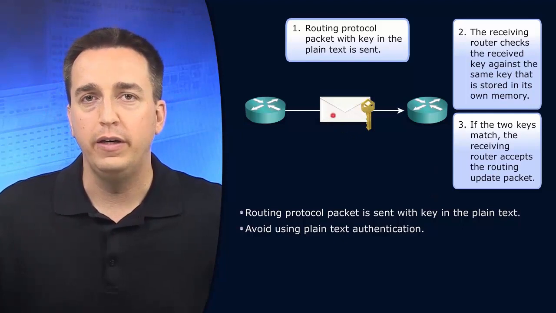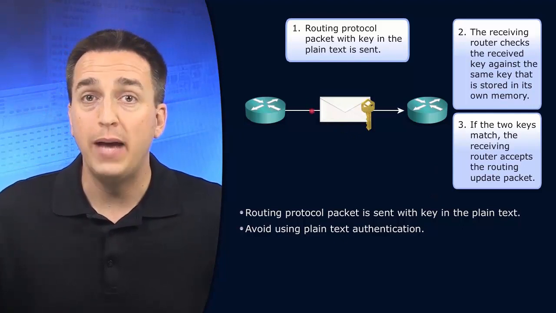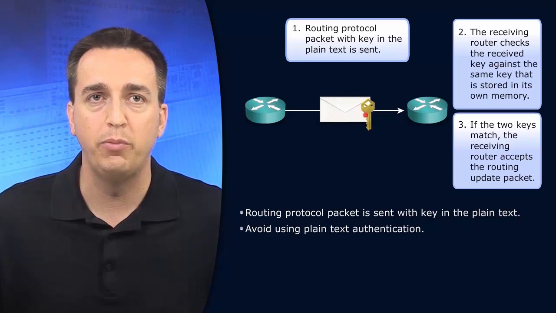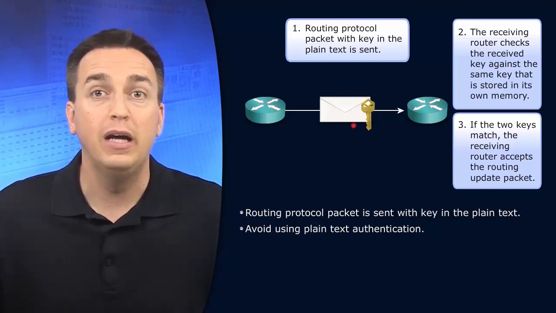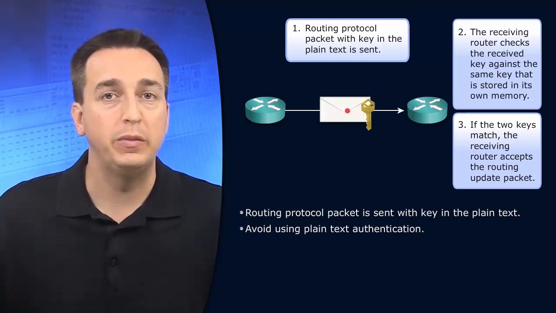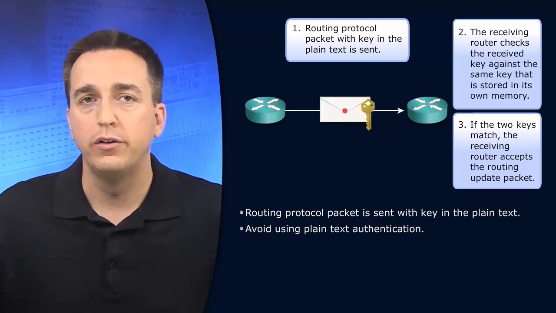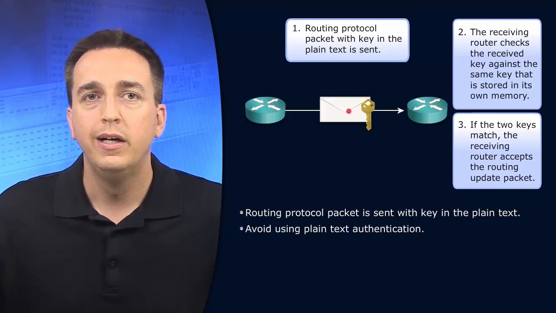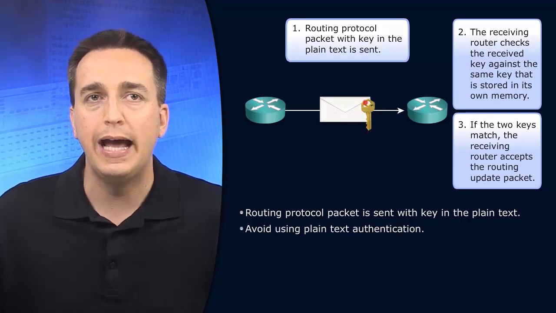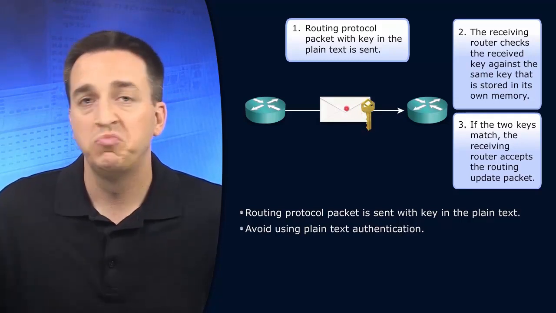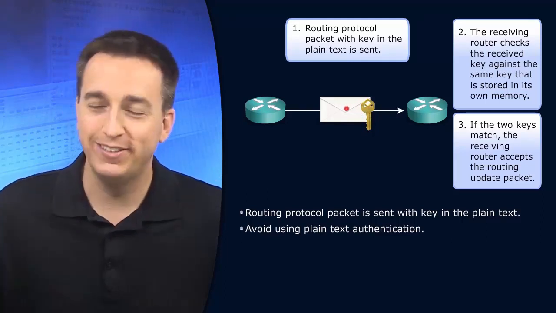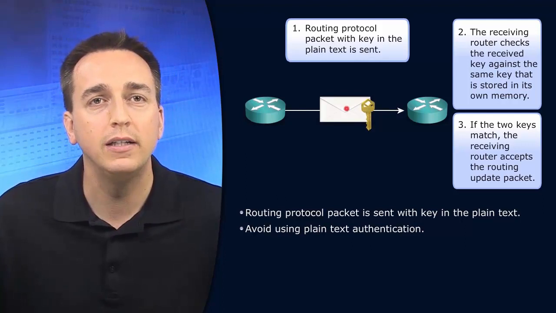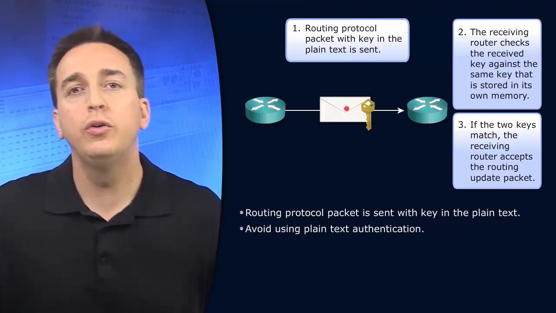And what we have here is the message, for example, the OSPF hello packet or the OSPF link state advertisement that's being sent from one router to another router in the environment. This key is being attached. And what is that key? It's the password in this case. So if the password is Cisco, which is not recommended, but let's say it was, it's appended to the message.